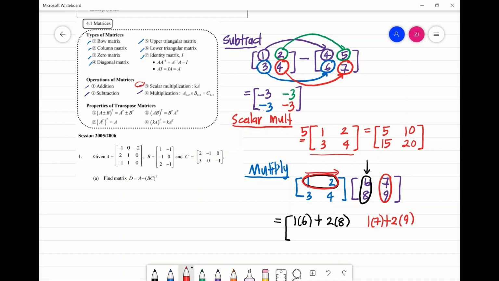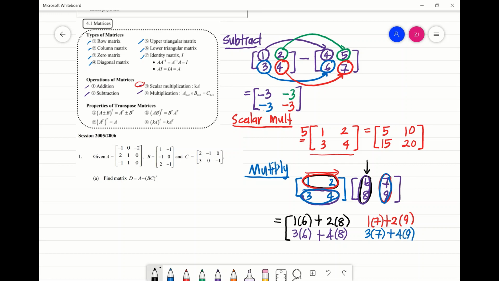Then the second row of the first matrix multiplied by the first column of the second matrix, so we have 3 times 6 plus 4 times 8. Lastly, the second row of the first matrix multiplied by the second column of the second matrix, so we have 3 times 7 plus 4 times 9.